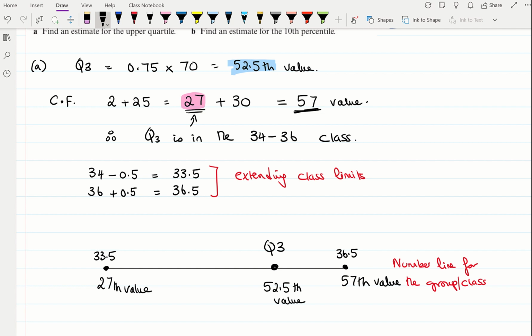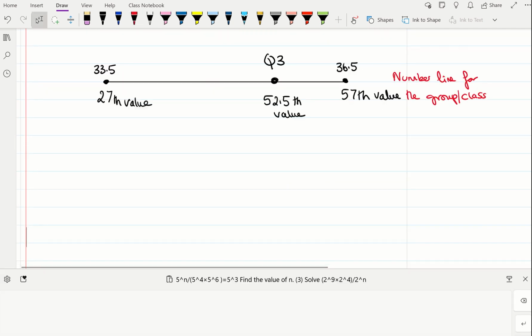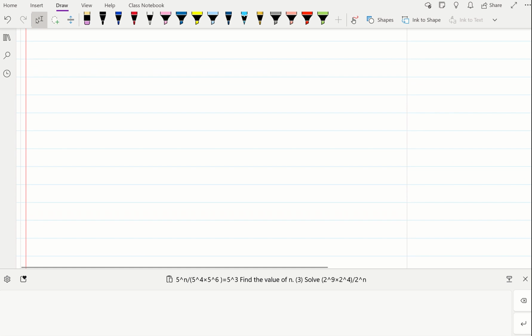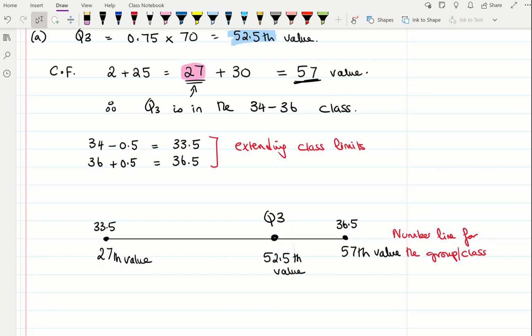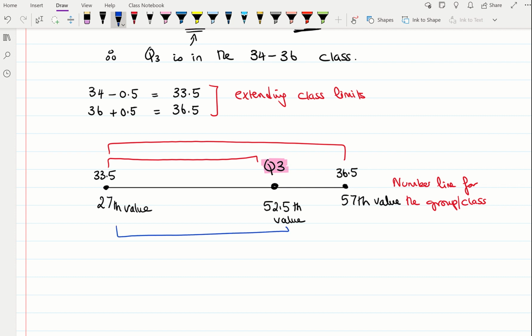What we're going to do is use proportion of that number line to work out our upper quartile. We're basically saying this distance out of the whole distance is equal to this distance out of that bigger distance, because they're the same thing.